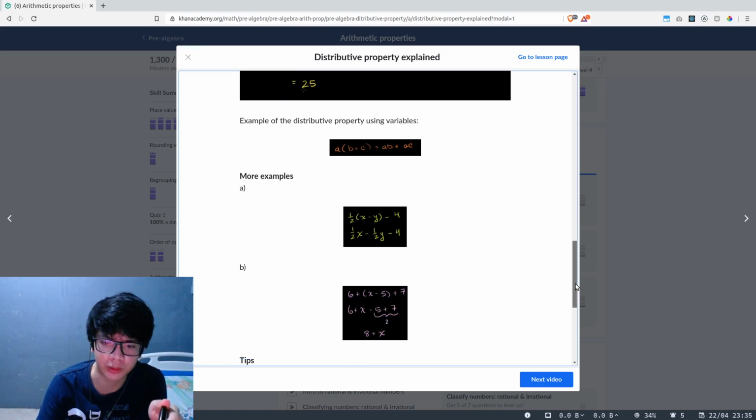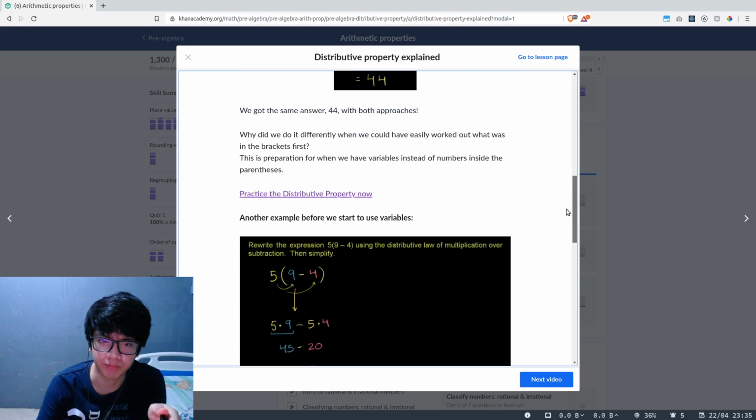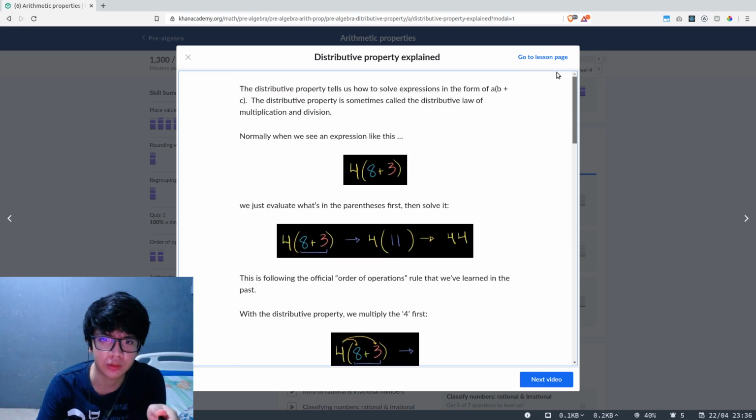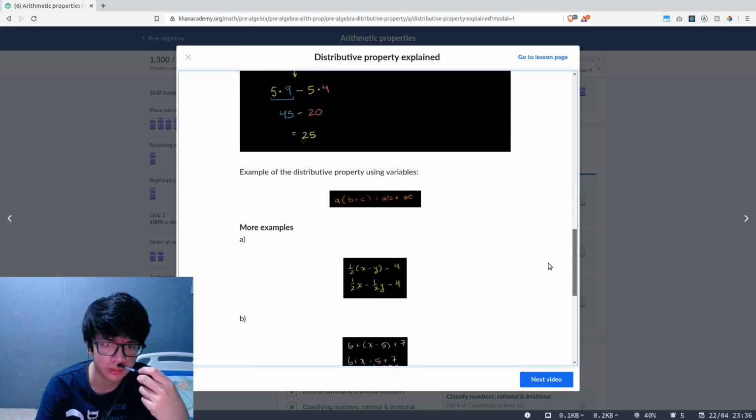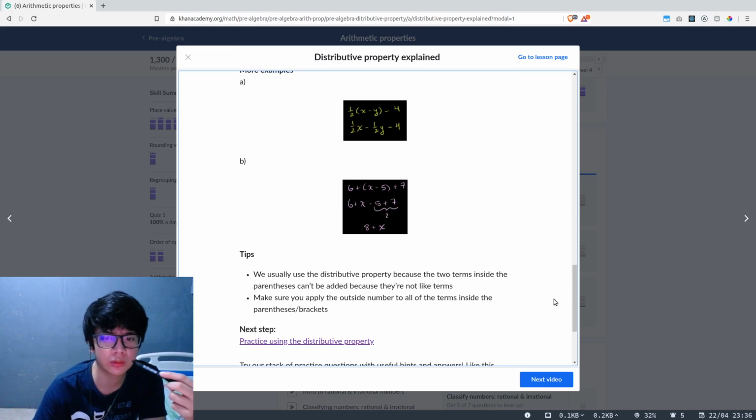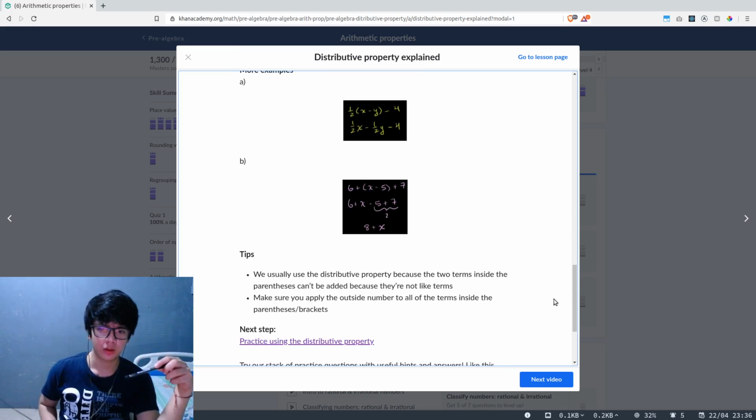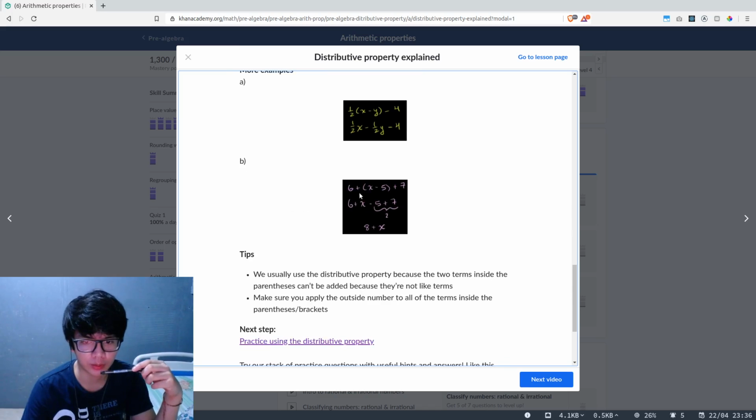Distributive multiplication. There's no multiplication happening in this example B. So I guess you kind of distributed the signs, so you get then minus 5.